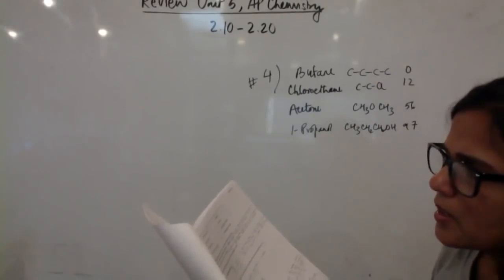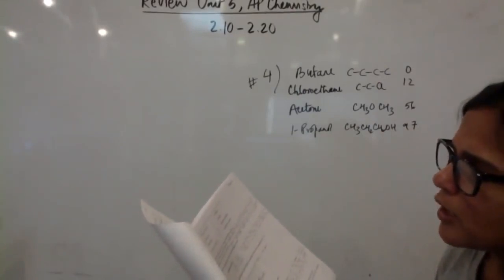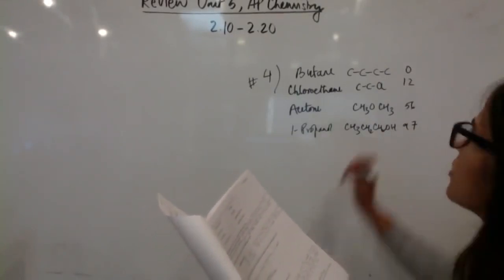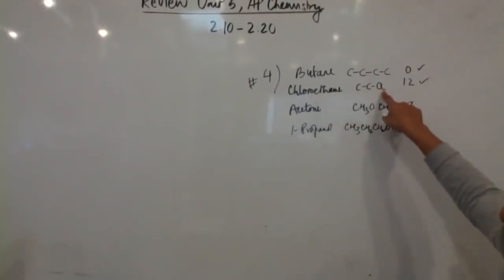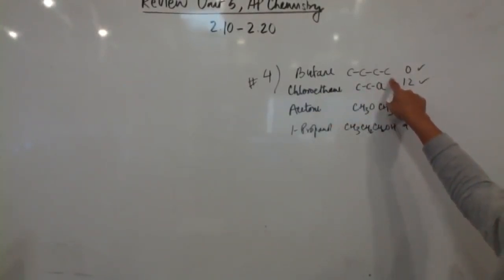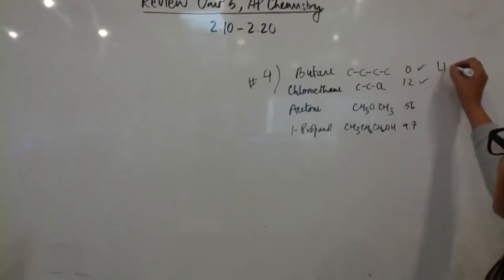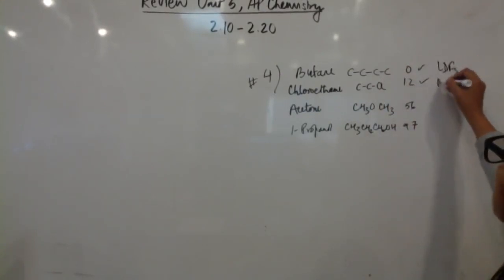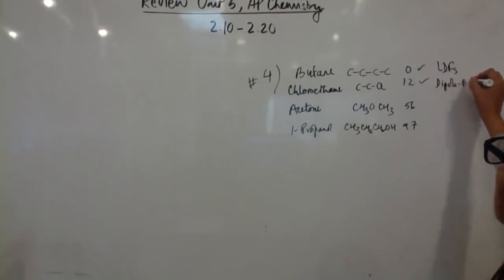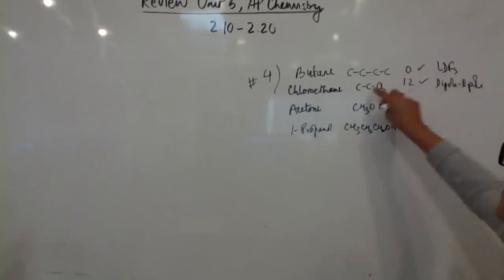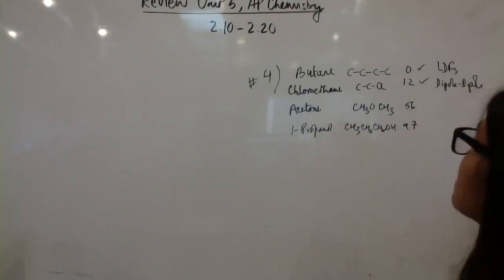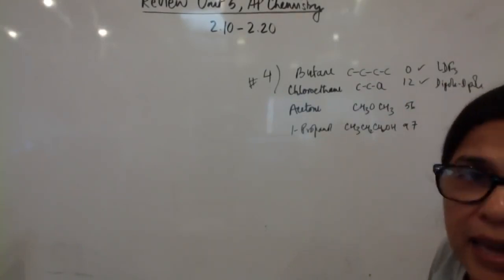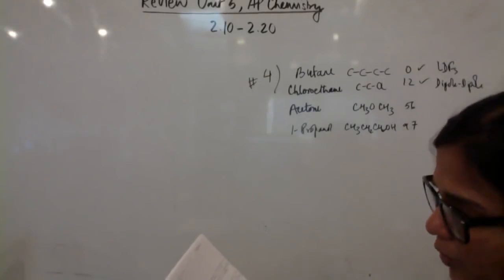And they say, explain the difference in boiling points of butane and chloroethane. So chloroethane has a higher boiling point than butane. The reason is there are only LDFs here, but this one will have dipoles due to the C-Cl bond polarity. Because dipole-dipole forces are stronger than LDFs, it has a higher boiling point.